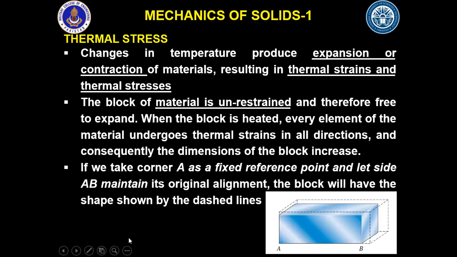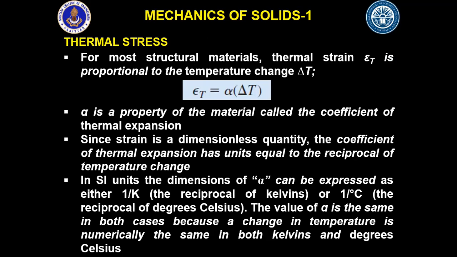So this is the simple equation for the strain. Now, considering all of this and the thermal expansion, the materials might also undergo some thermal stresses. For that reason, we are going to first define the thermal strain, which is directly proportional to the change in temperature. When the directly proportional sign is replaced with the equation, an alpha value is introduced over here, which is known as the coefficient of thermal expansion.